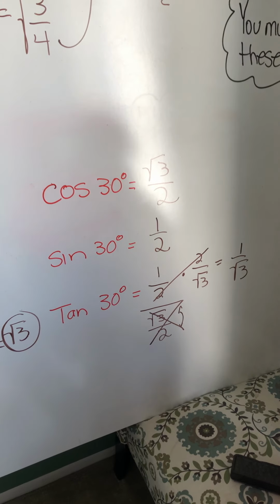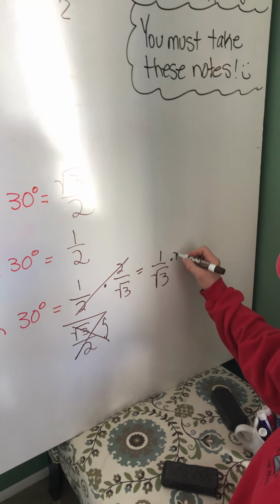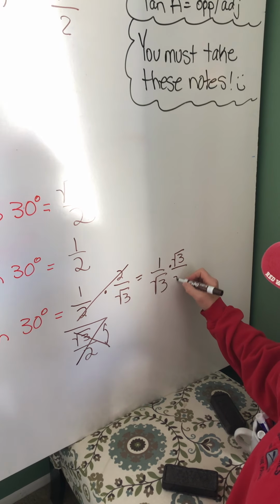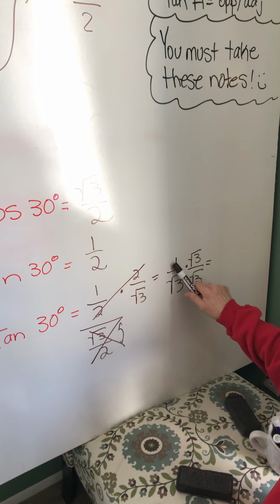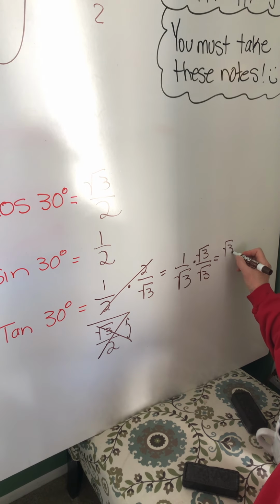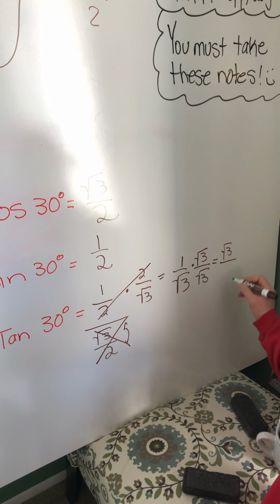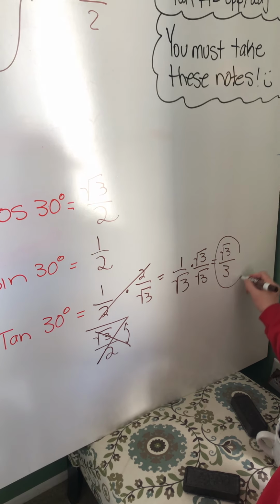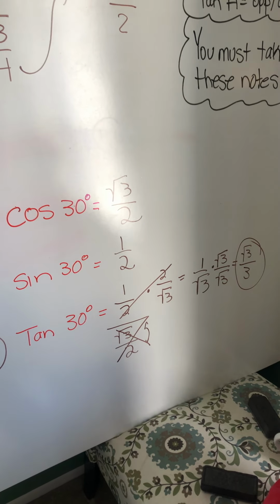A perfectly true answer, but we are going to rationalize the denominator because this is how the values appear on the unit circle. So we have 1 times the square root of 3 is the square root of 3, and of course the square root of 3 squared or times itself would be 3. And this is the actual value of tangent of 30 degrees, the square root of 3/3.